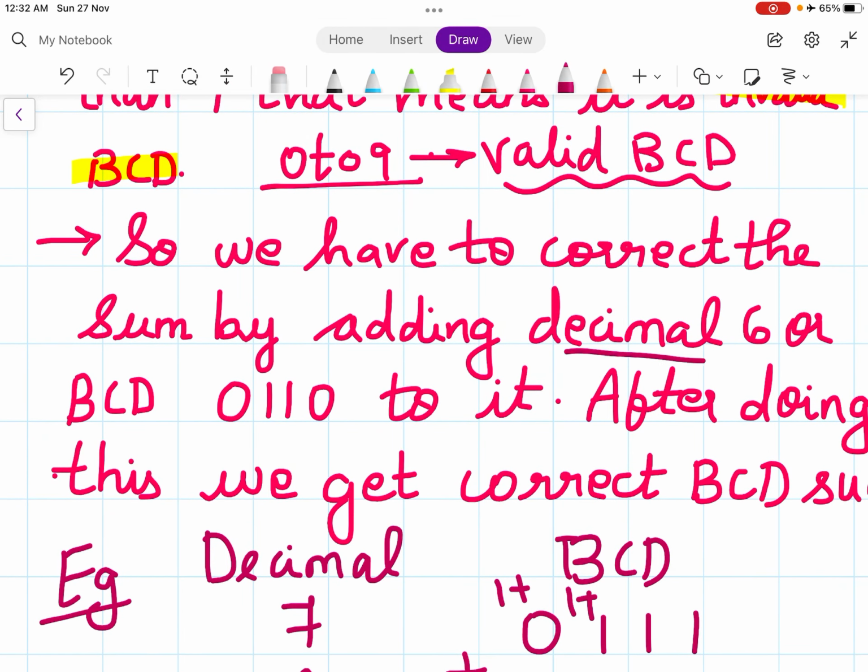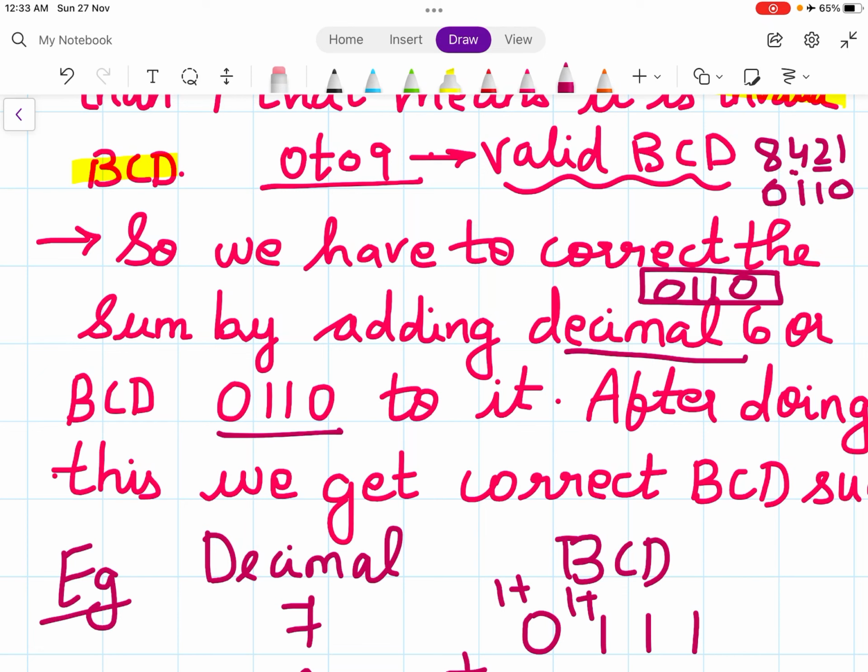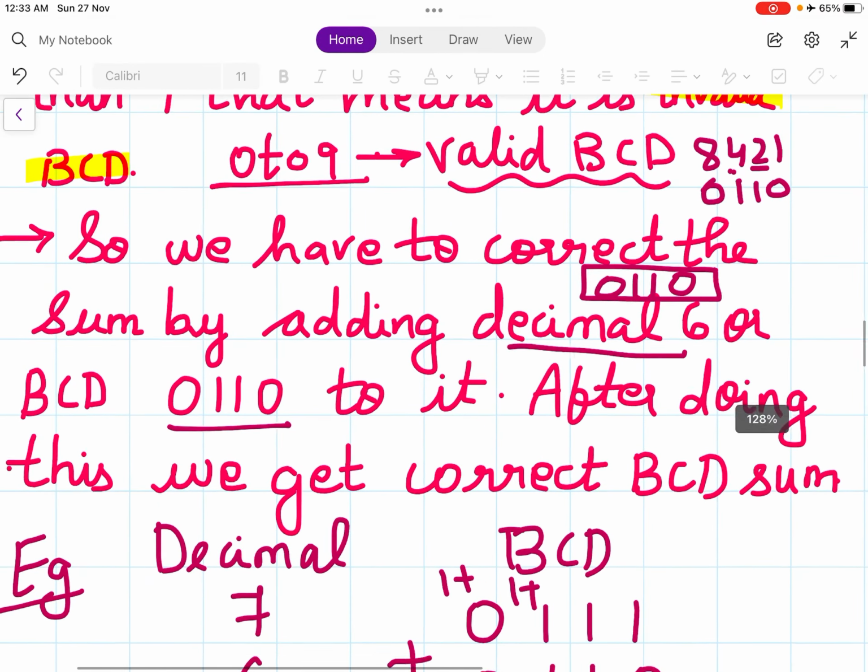Decimal number 6 equivalent is 8, 4, 2, 1: for 2 and 4, I will put 1 and 1, 0 and 0. So 0 1 1 0 is the decimal number 6 in BCD. After adding this, we get the correct BCD sum.